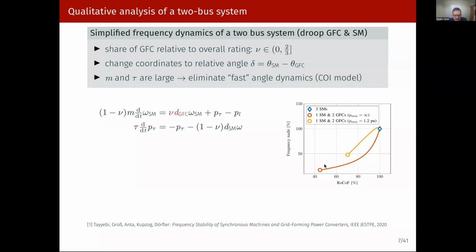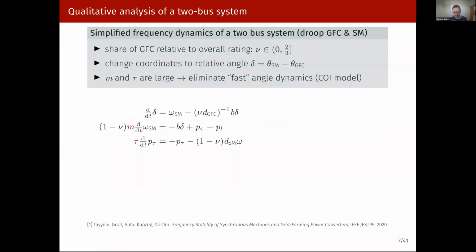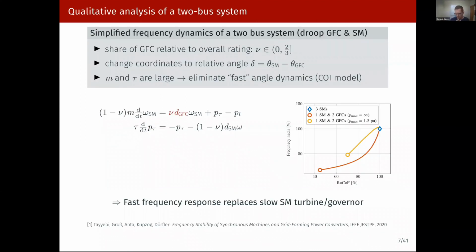And if you go back here, you would see this is approximately where these controls here ended up, the faster ones. So from a qualitative point of view, you can explain this fact that the fast frequency response of these converters can replace the slow synchronous machine turbine governor system, without actually emulating any inertia.